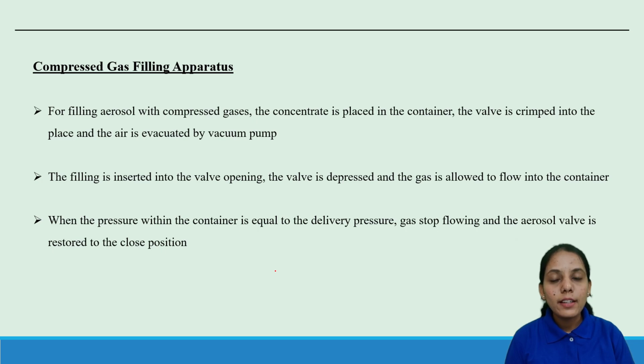Next is compressed gas filling apparatus. For filling aerosols with compressed gases, the concentrate is placed in the container. Concentrate means product concentrate, which is a mixture of active ingredient and other excipients. So the valve is crimped into the place and the air is evacuated. Air is removed by the vacuum pump. The filling head is inserted into the valve opening.